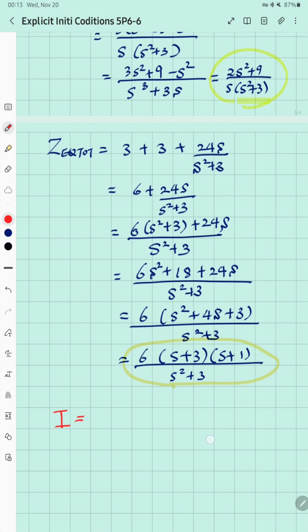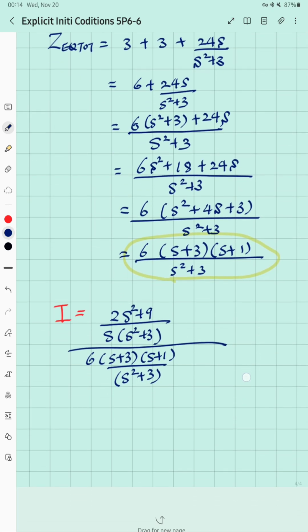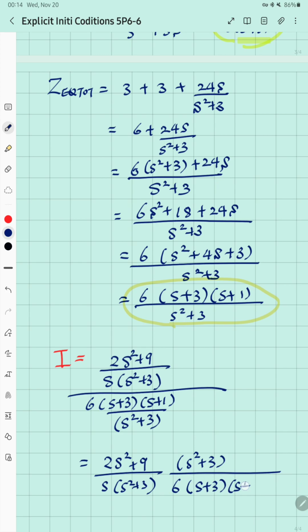I equals 2s squared plus 9 over s times s squared plus 3, divided by 6 times s plus 3 times s plus 1 over s squared plus 3. Or we could have simply written it down as 2s squared plus 9 over s times s squared plus 3, times s squared plus 3, and just 6 times s plus 3, s plus 1.